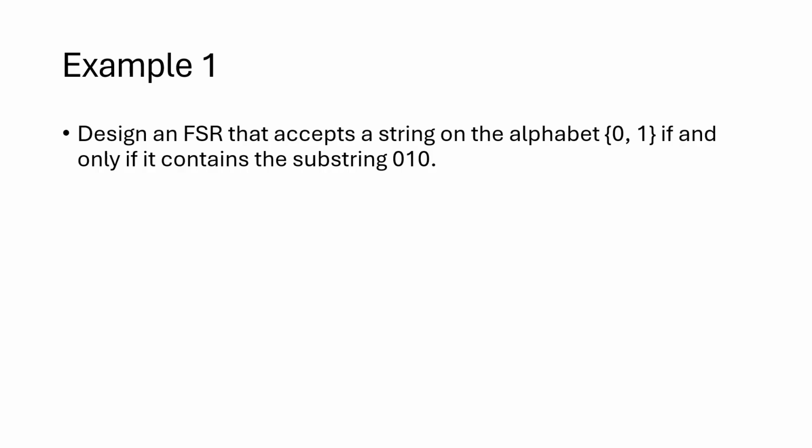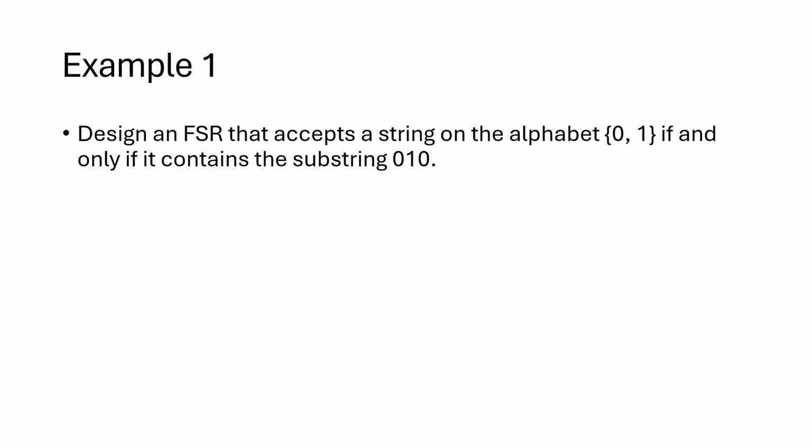And there are different ways that we can go about this task of designing a finite state recognizer. And I will try to explain each one of these ideas through these examples. One of the ideas is we first start by designing the part of the machine that accepts the shortest string that is supposed to be accepted.